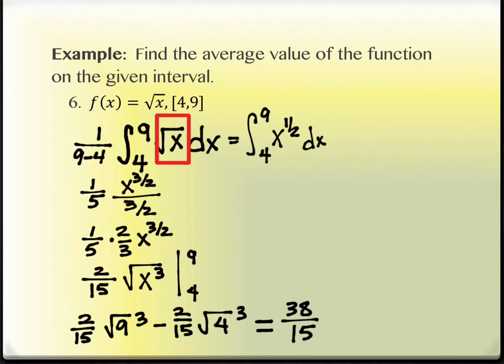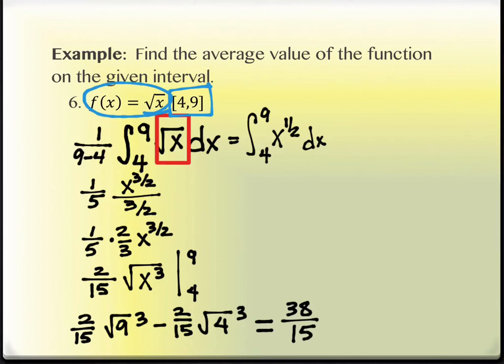Last thing to do for this today. I would like you to put the original function in the calculator, the square root of x, just y1 equals square root of x. And I'd really like for you to take your interval from 4 to 9.